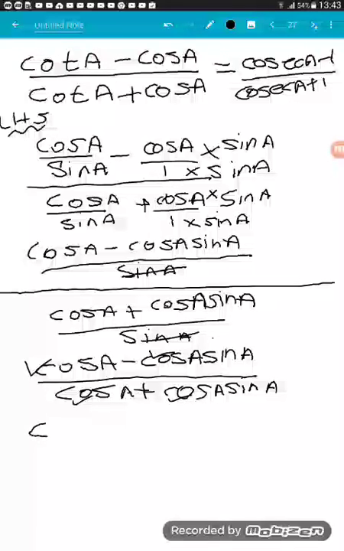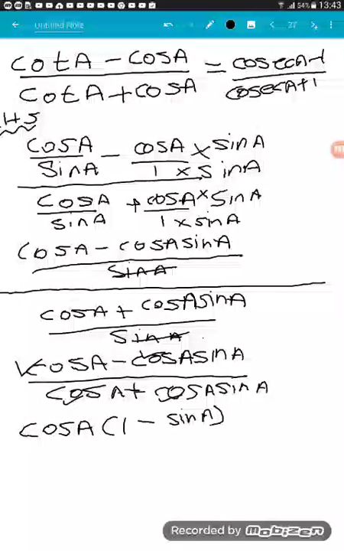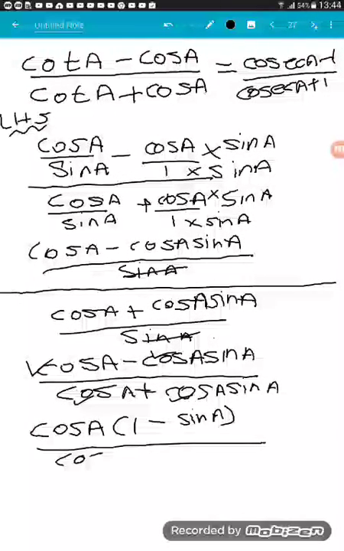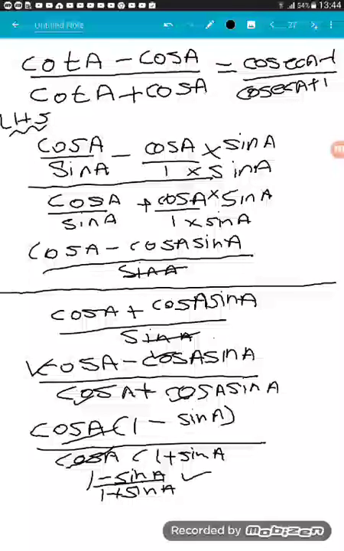So if we take it out, it will become cos A (1 plus (1 minus sin A by 1 plus sin A)).